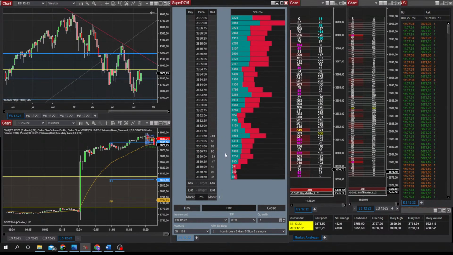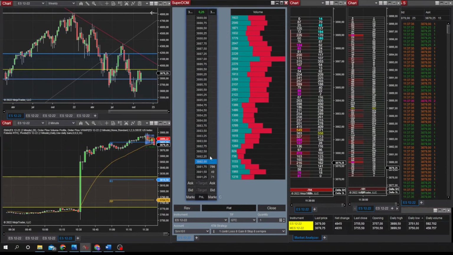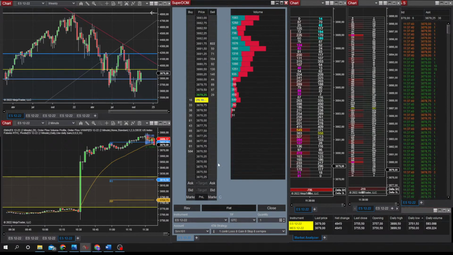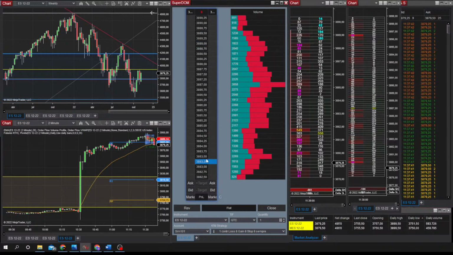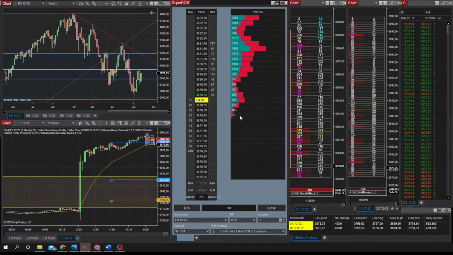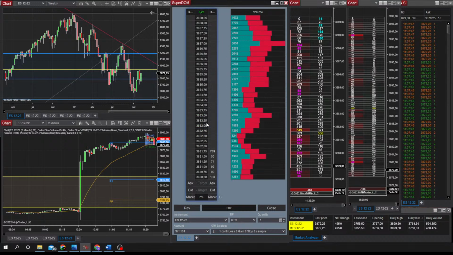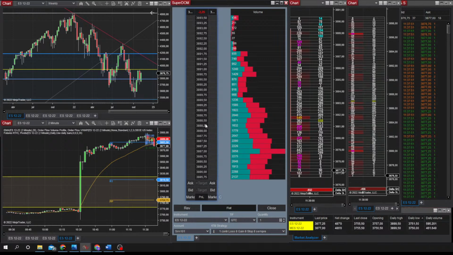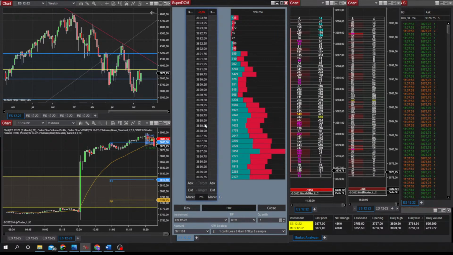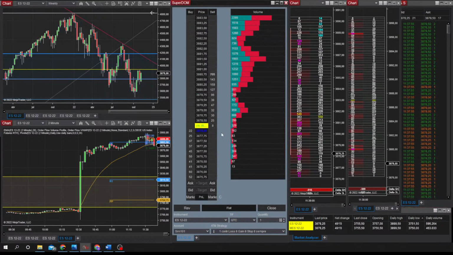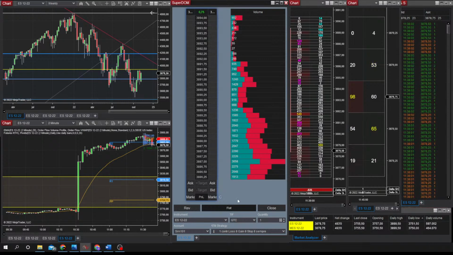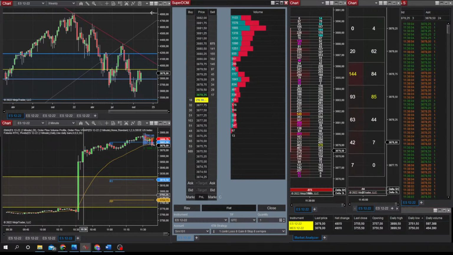If you see my videos, you probably realize that I really like the volume profile right here in SuperDOM. It really shows me where the interest is, and we can see where the liquidity is, where players are trying to position themselves. So it's better to wait and see what is going to happen.